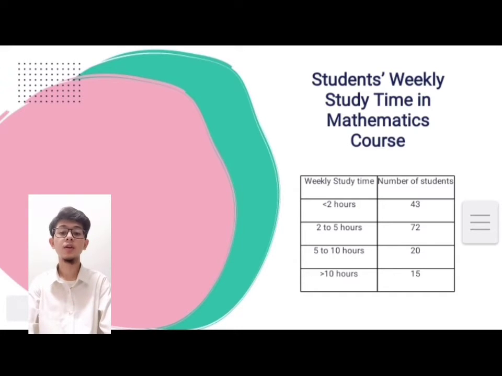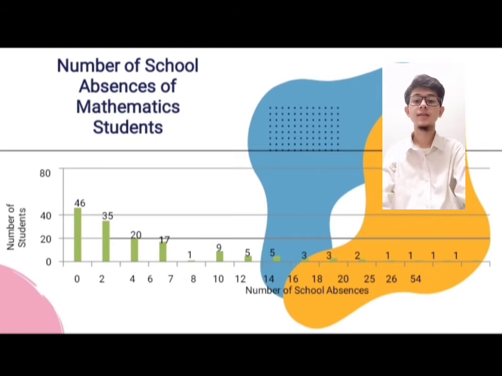From the table, we can conclude that 2 to 5 hours of study time has a better mode score, which is 72.